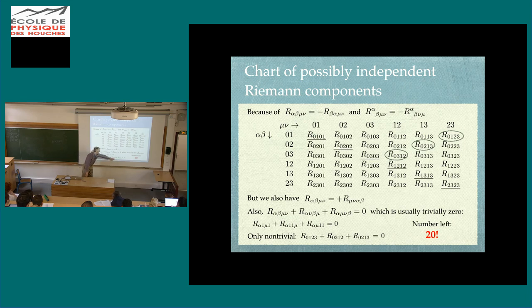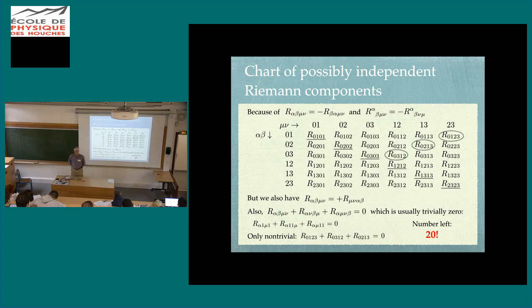The only non-trivial one, which actually says something, is that this plus this equals 0. And so one of these is not independent. So that leaves 20 independent components. Okay? Does that make sense?